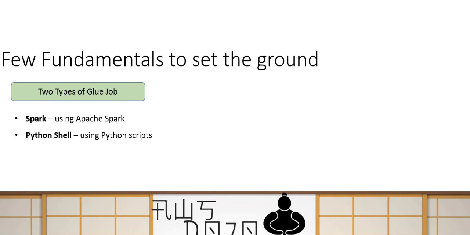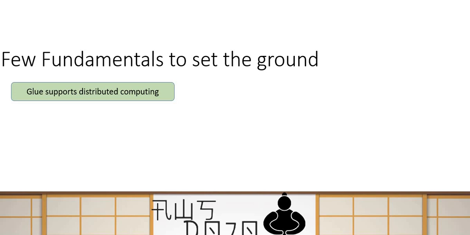Now, people who are more used to Python-based programming or who use Python libraries like Pandas, NumPy, or AWS Wrangler, they prefer to write their jobs using Python shell. So that's one fundamental I want you to keep in mind, that there are two types of jobs you can create, Spark-based and Python shell-based.